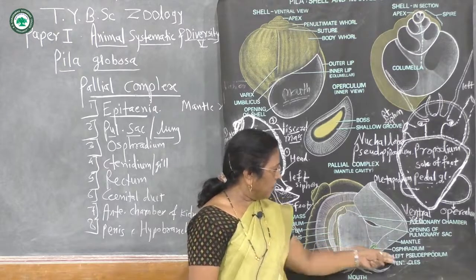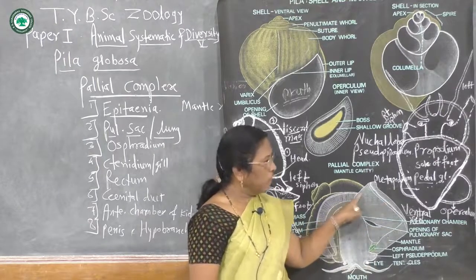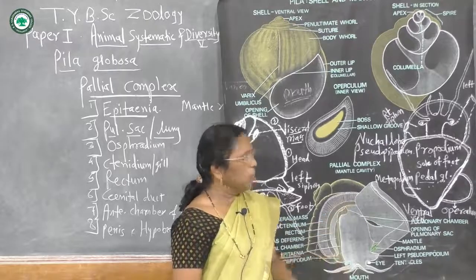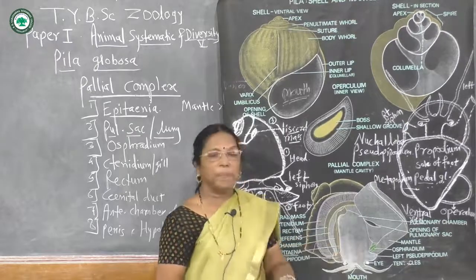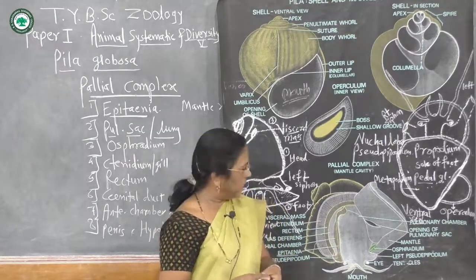Through this left nuchal lobe, air enters and goes into the pulmonary sac through this aperture. The wall of the pulmonary sac is creamy white and richly supplied with blood vessels which contain deoxygenated blood.